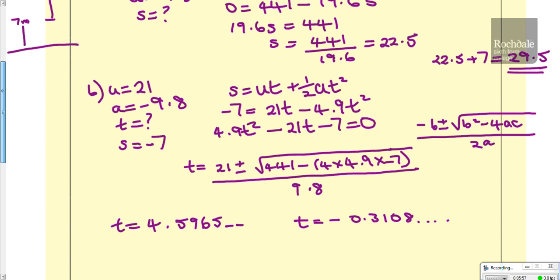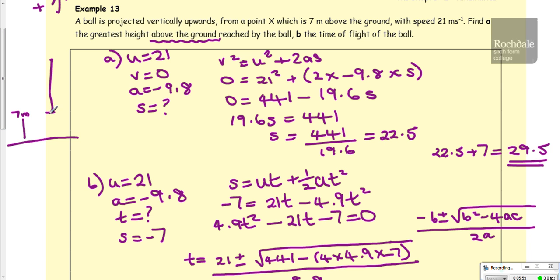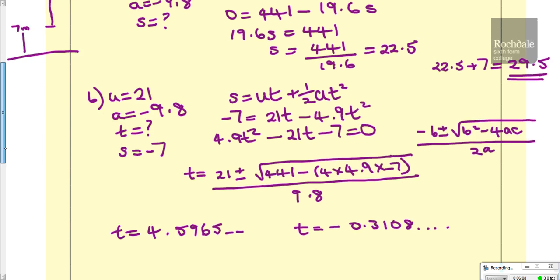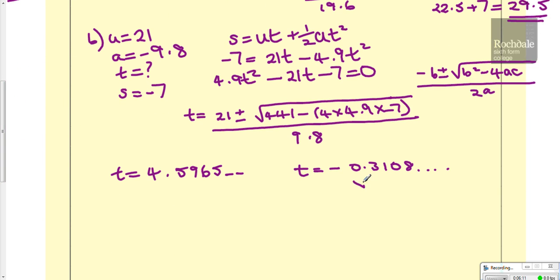Well, we can't have a negative time. The negative time represents what would have happened if we'd started from the ground. So it would have been 0.3 seconds to get to that starting point. That's why we've got a negative time. But that one isn't the one that we want. If the ball's gone up in the air and come back down, this is the one that we're looking for. So T to 2SF is 4.6 seconds.